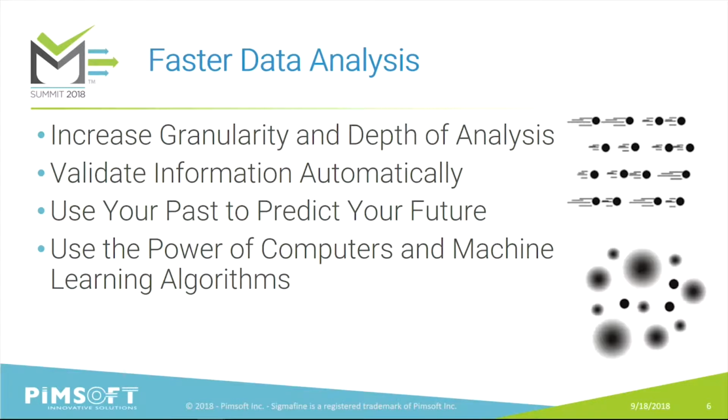But it also has some challenges. We need to validate the information automatically. And if we use some of these prediction tools, machine learning tools, AI, we should be able to do automatic predictions of things as they happen, right?